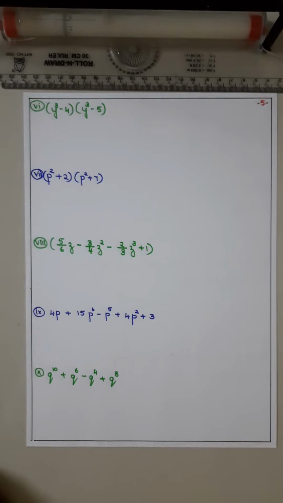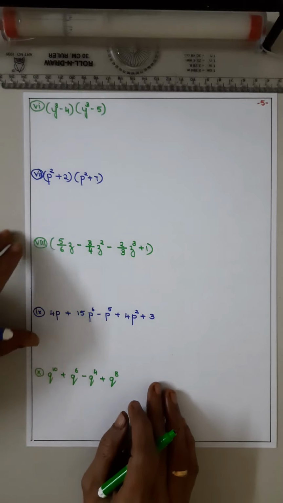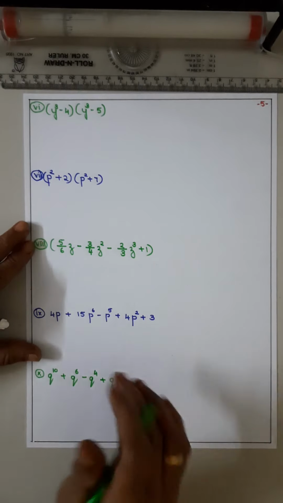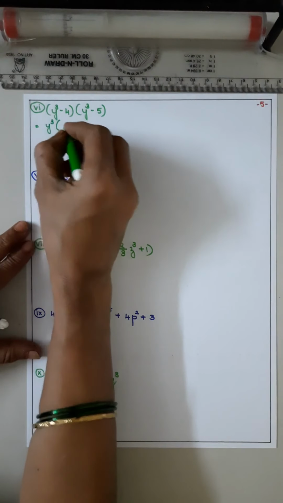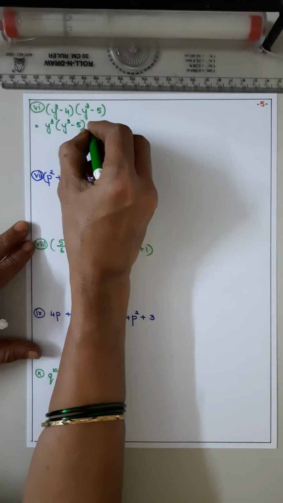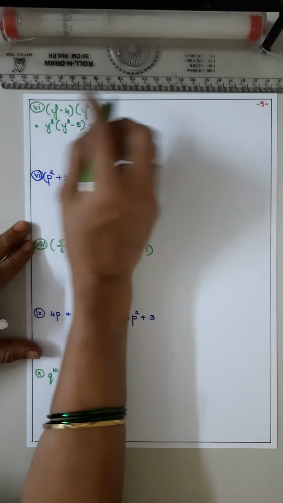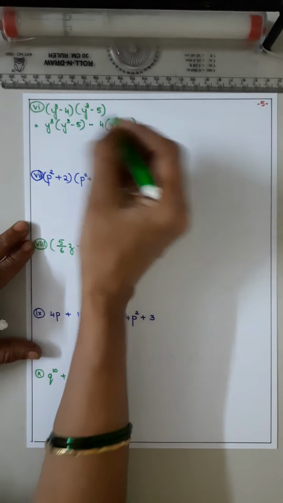Now it is y cube minus 4 bracket y cube minus 5. Okay, again it is y cube bracket open, y cube minus 5, minus 4, isn't it? Bracket open, y cube minus 5.